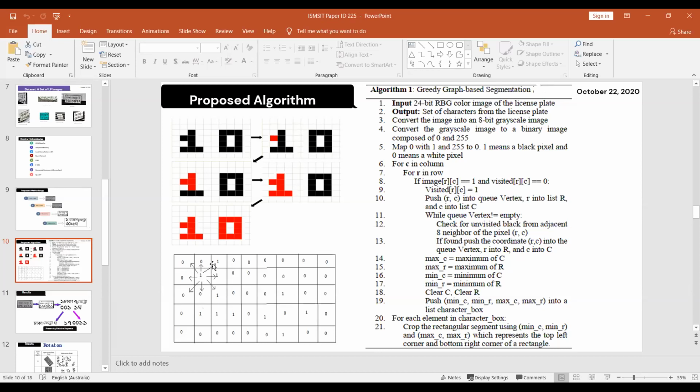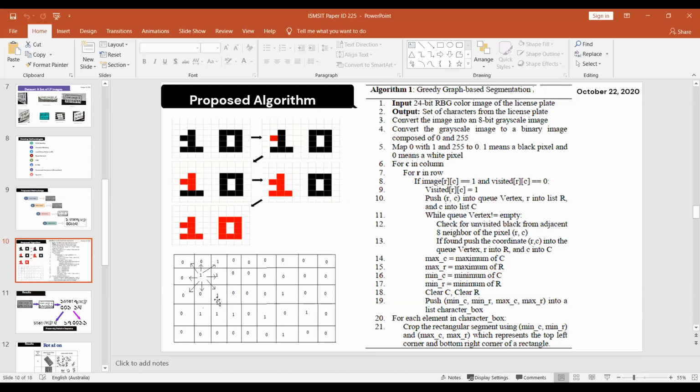We'll find all the neighbors that are black and not yet visited. So here we use the BFS, with all the BFS terms like visited pixel, enqueue, dequeue, all those are here. I'm not going into the details of that, just at a high level.